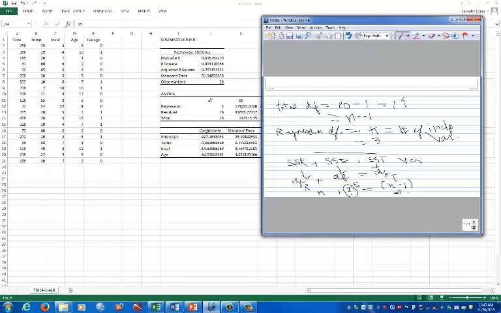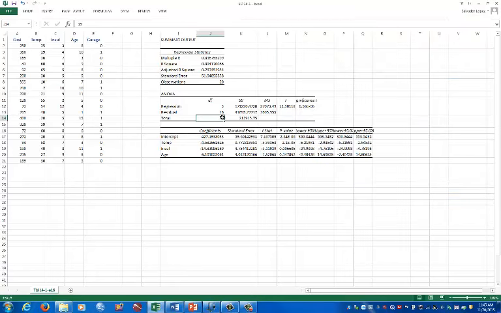Then the unknown is n minus 1 minus k, which is what you see in here. This is n minus 1, this is k, and this is n minus 1 minus k. So again, we obtain the MSR, we obtain also the MSE, divide this by this, and that gives us the F statistic.